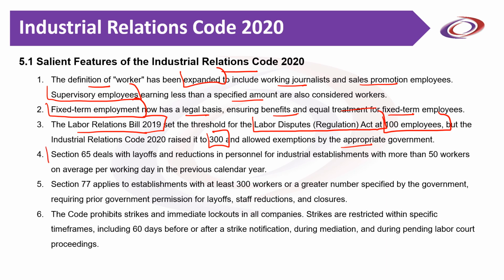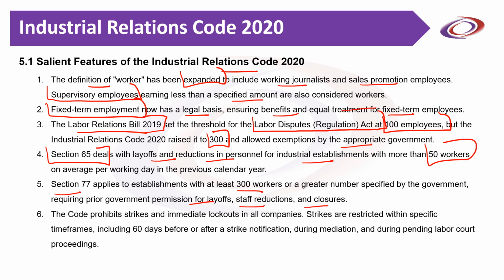Section 65 of the code deals with layoffs and reductions in personnel for industrial establishments that have more than 50 workers. Section 77 applies to establishments that have at least 300 workers or a greater number specified by the government. They require prior government permission for layoffs, staff reduction, and closures.